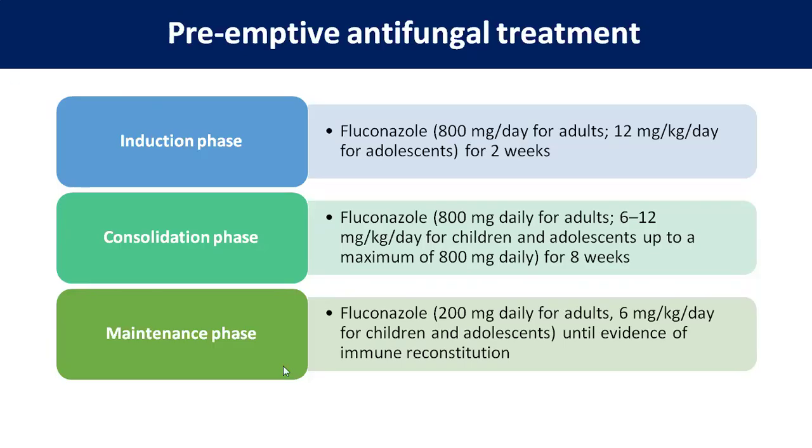In the maintenance phase, you have to give 200 mg. Till when should you give? Till the patient's CD4 count has improved beyond 200 and he has successfully taken ART regularly for 1 year.